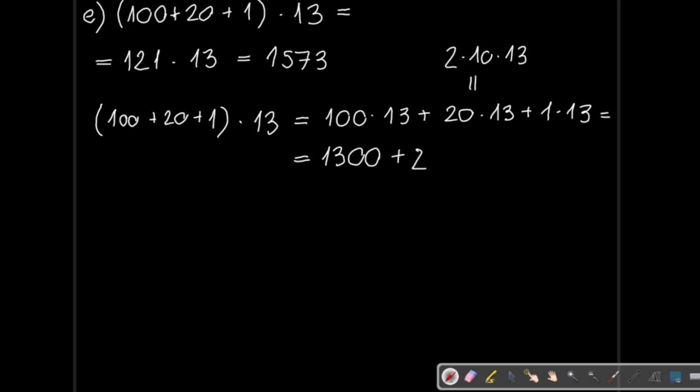So that's 26 and an extra 0. And then plus 13. And then we just add these numbers together. That gives us 1,300.